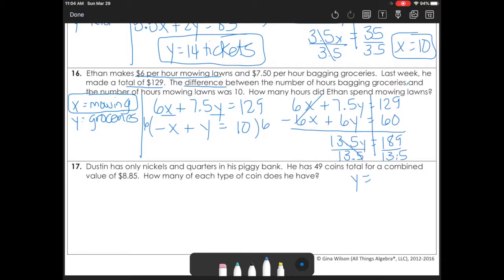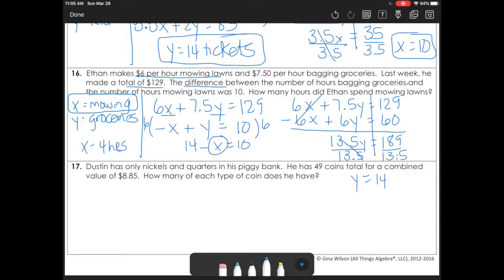So he spent 14 hours bagging groceries. It says the difference between the number of hours bagging groceries and the number of hours mowing lawns was 10. So groceries minus lawns was 10, so this would have to be 4. So he spent 4 hours mowing lawns.